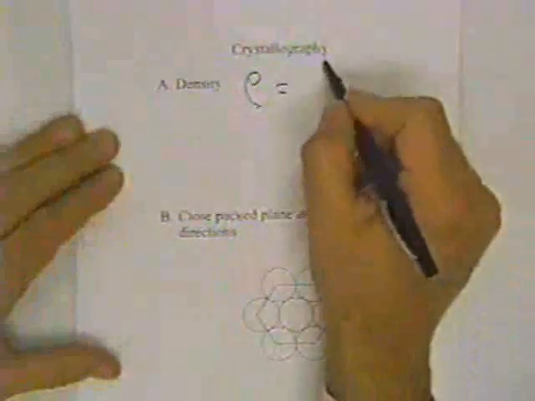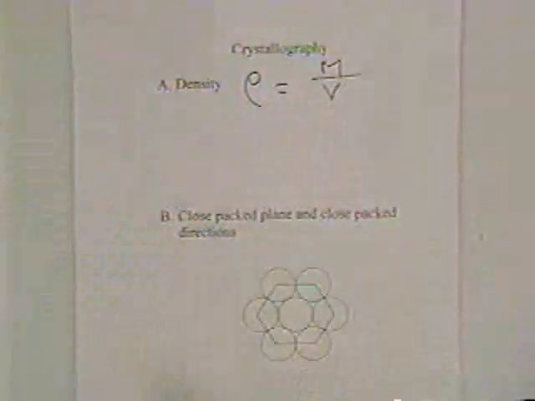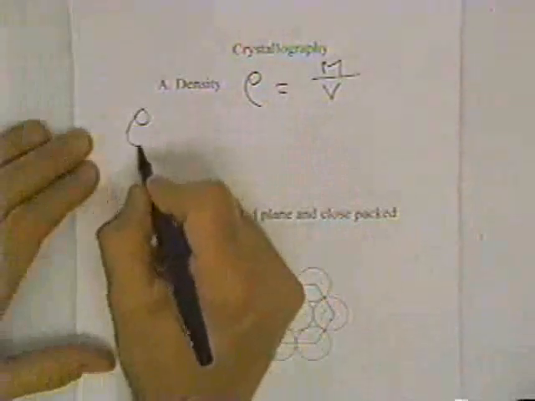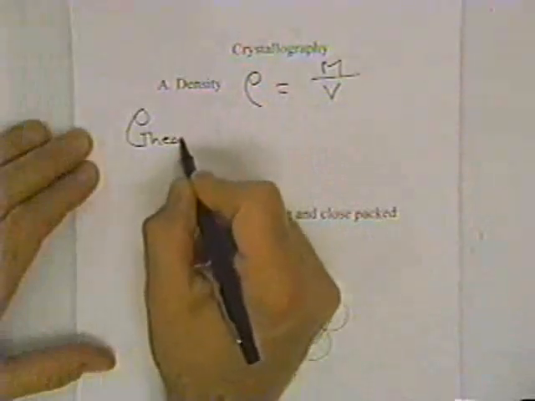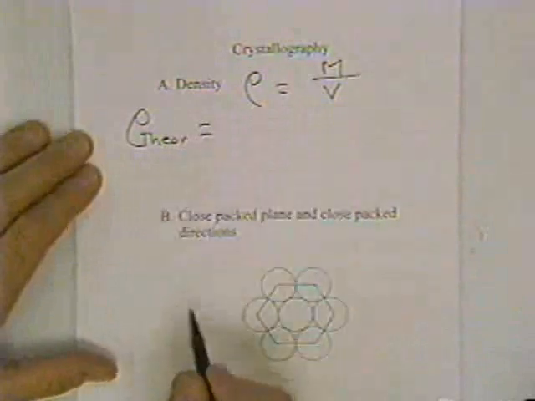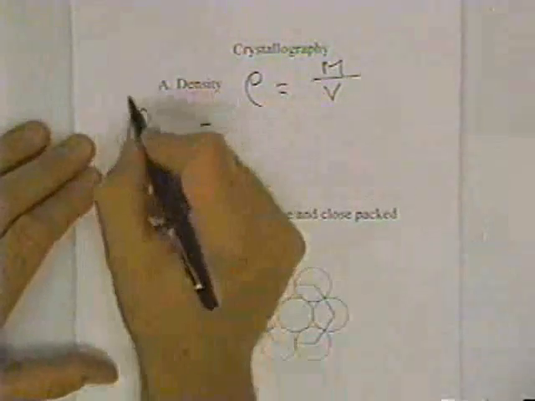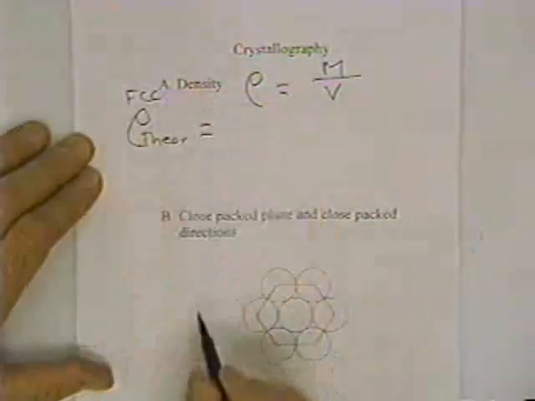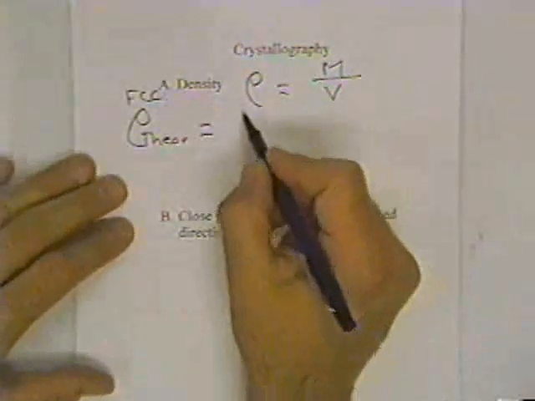Now we can calculate the density actually, using the unit cell and the atomic structure, we can actually calculate what the bulk density would be, and this is called the theoretical density. Density, rho, is equal to mass divided by the unit volume. Let's do this for face-centered cubic material. So that's going to be equal to what?